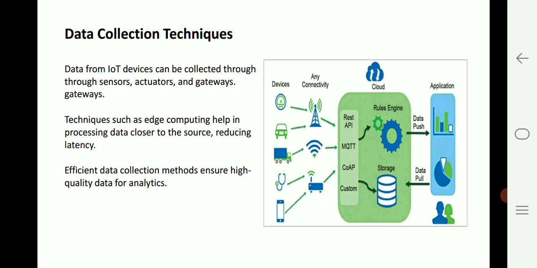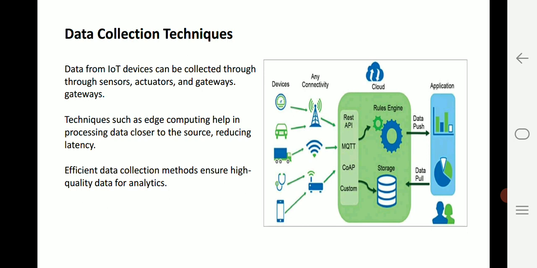It consists of internal processing, like a rules engine and storage, etc. The output of the cloud we can use in real-time applications, like a data push and a data pull. It means we push the data or we pull the data based on our requirement.